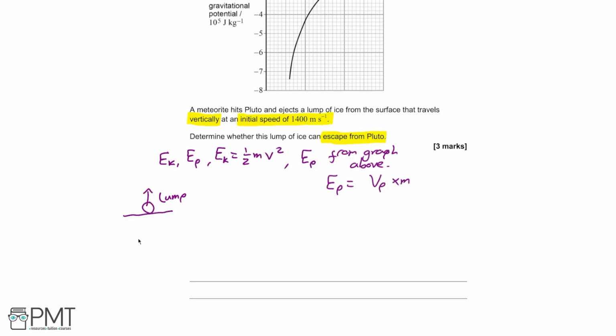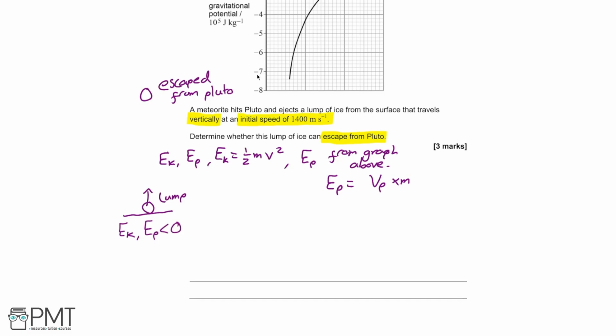In order for my object to escape from Pluto completely, I'm going to have to use up some of my kinetic energy and convert that into gravitational potential energy. So if we consider the lump escaped from Pluto, what has to happen is I have to start with a certain amount of Ek and a potential energy that's less than 0.